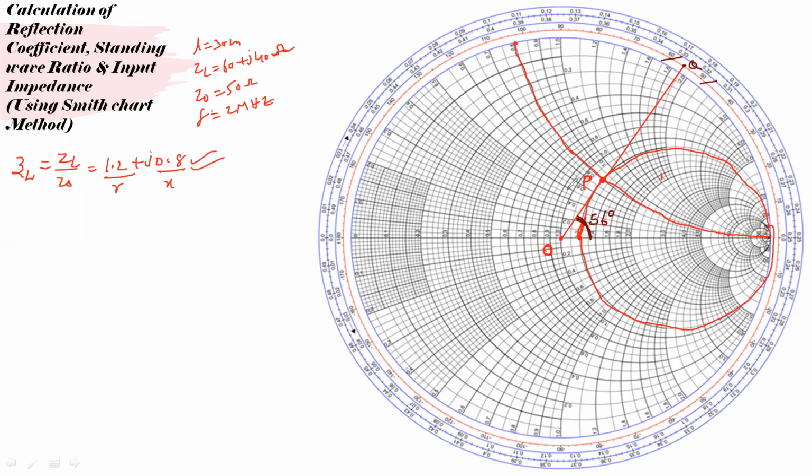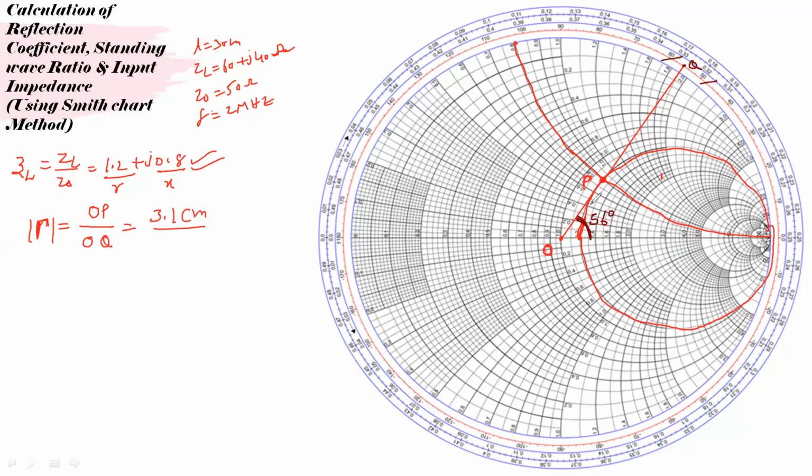Now to get the value of gamma, this is the reflection coefficient that is to be identified. Gamma equal to OP by OQ. You need to consider the ratio. If you measure these two values using a normal scale, we get 3.1 centimeters for OP.